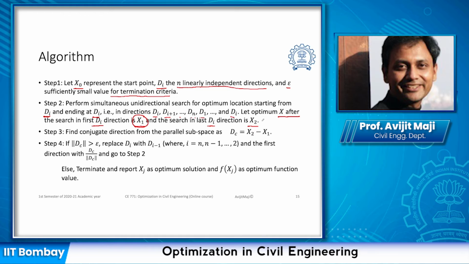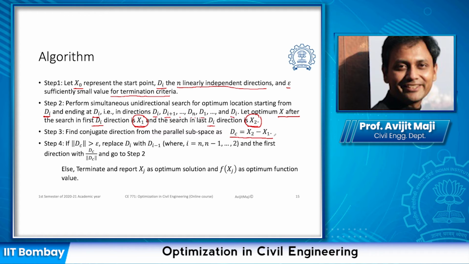So at the end of the first direction we reach the point x1, and at the end of the final direction, which happens to be the first direction again, we obtain a point x2. These two points are going to give me the conjugate direction from the parallel subspace along the di direction, and this direction is established as dc equal to x2 minus x1.